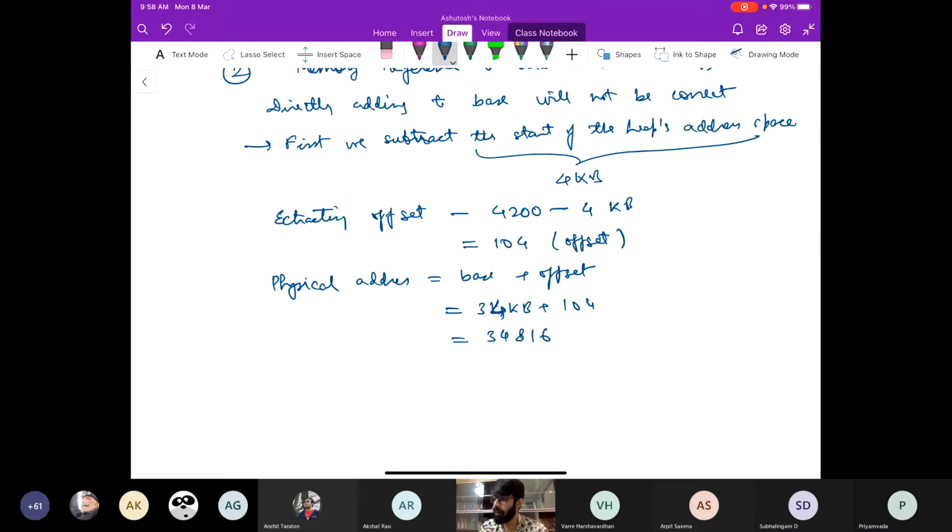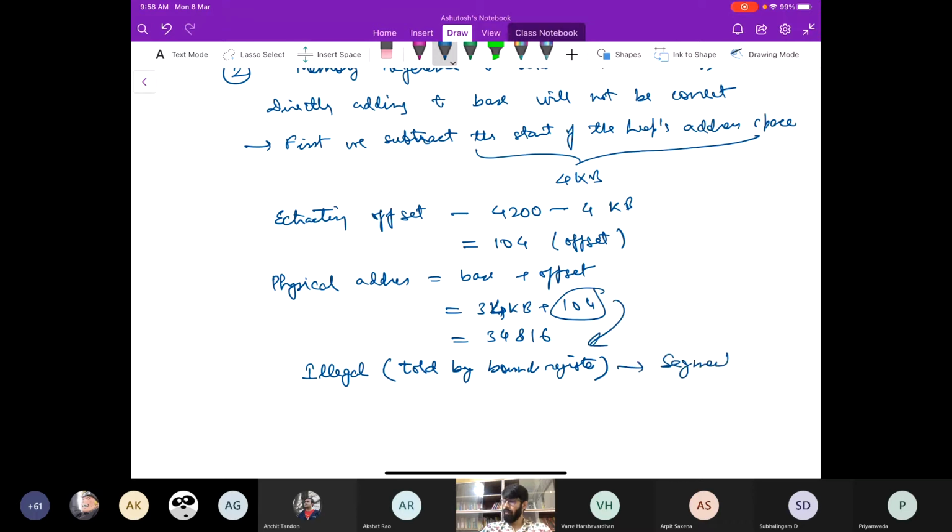Okay, good. And then again, if the address was illegal, if the bounds register tells that whatever offset you have calculated is not within bounds, then it will issue a segmentation fault.